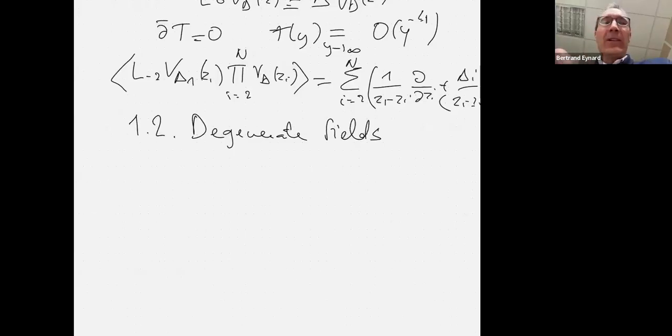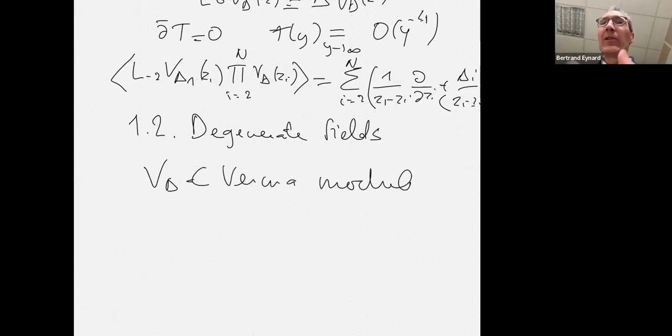So in general, a primary field does not have any descendant field that vanishes. Because a primary field in general, so let's call it V delta, belongs to some Verma module. By definition, the Verma module is the representation which you generate by just taking all the descendants of this primary field. And if you wanted to set some of these descendants to 0, then as the representation is irreducible, you would set the whole representation to 0, and everything would become trivial.